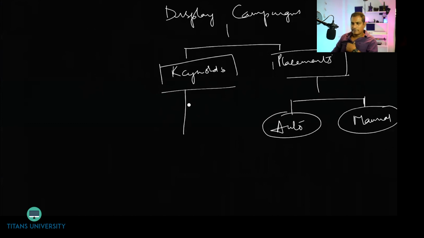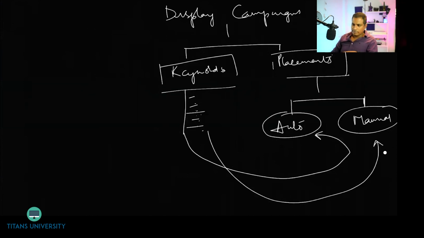If I give a set of keywords, Google can help me find placements. So this is also another way to find placements. When you give keywords and Google is finding those placements, they are called automatic placements. Even if you give keywords and you still want to find the placements by yourself, those are manual. So this is where you manually do it. Now let's say this is Google who is trying to help you get these placements.